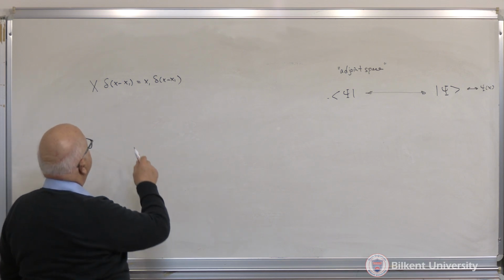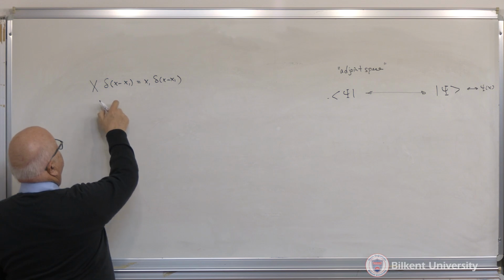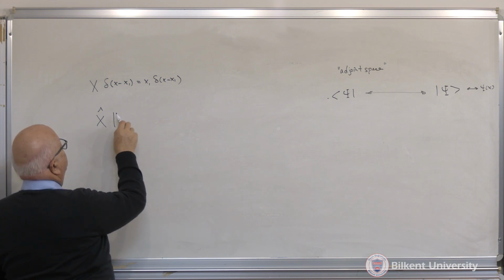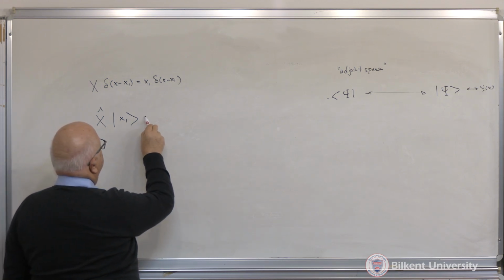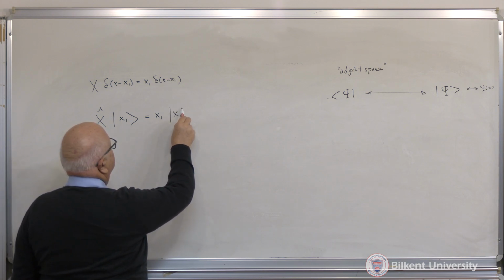Let's write this in Hilbert space: the operator x operating on this eigenstate |x1> has an eigenvalue x1 times |x1>.